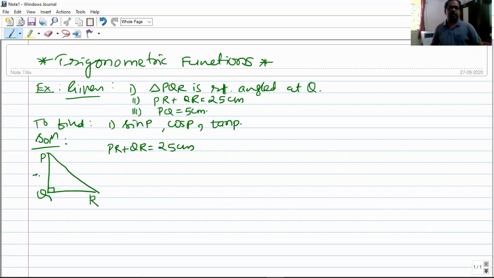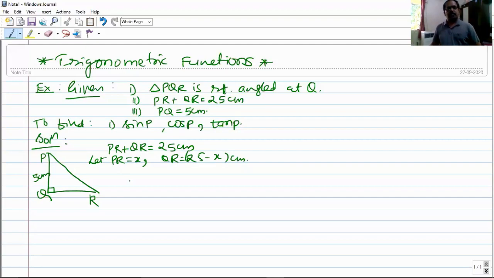This much is known. Since PR plus QR is equal to 25 centimeter, if I let PR be x, then how much will be QR? Obviously it is 25 minus x centimeters, right?